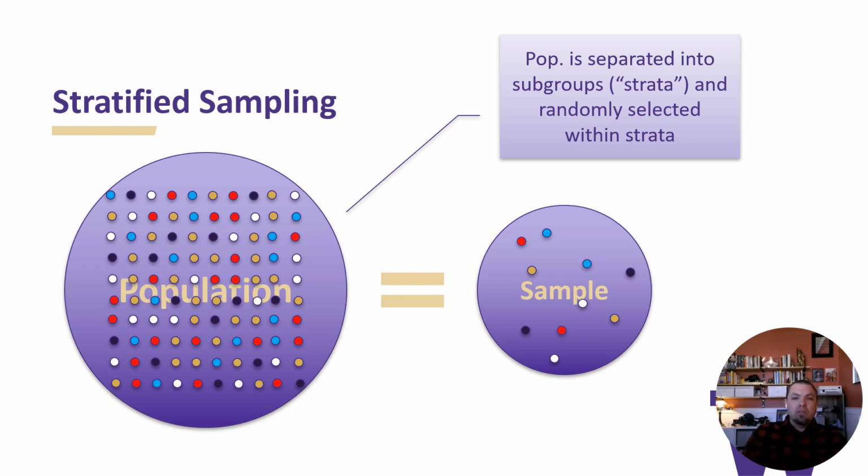If we're using our news media as an example here, what we would do is we would say, let's say we need to take an equal sample from Fox News, CNN, MSNBC, whatever we have defined as those different components of the population, and then randomly select cases within each of those, right?